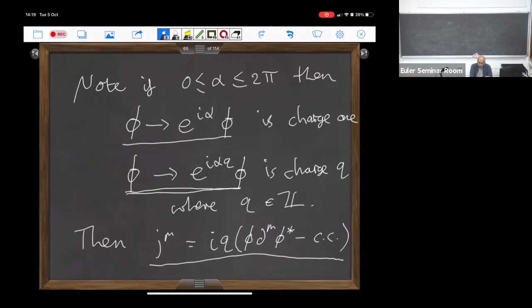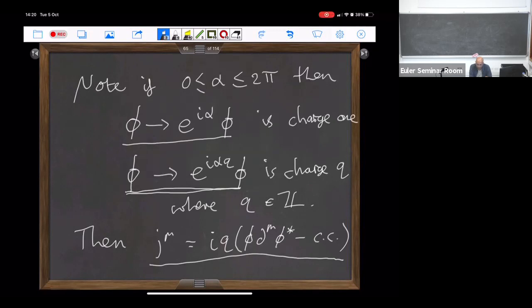Just to note that alpha goes from 0 to 2 pi. One can ask about different charges under U1 transformations. Under a U1 transformation, the charges must be integers. The way we've defined the transformation, phi goes to e to the I alpha phi. That's what we call charge 1.